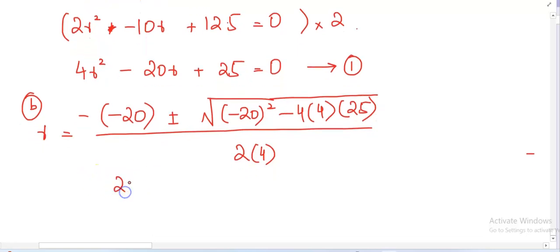So when I look at this, it becomes 20 plus or minus the square root of 20 squared, which is 400, minus 16 times 25.